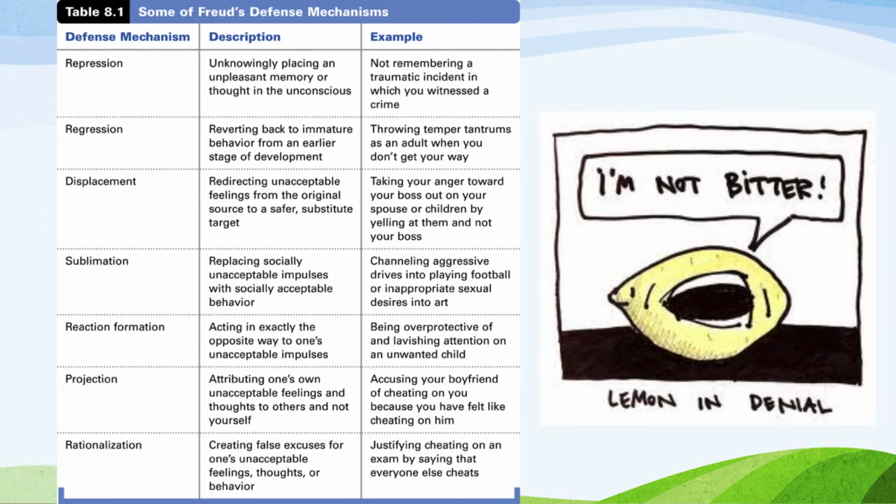And then rationalization, which is basically just making up excuses for our unacceptable thoughts and behaviors. So if I were to justify cheating on an exam by saying, well, everyone else cheats, that would be an example of rationalization. But let's talk for a second about reaction formation, because there's some really interesting research on reaction formation and homophobia.